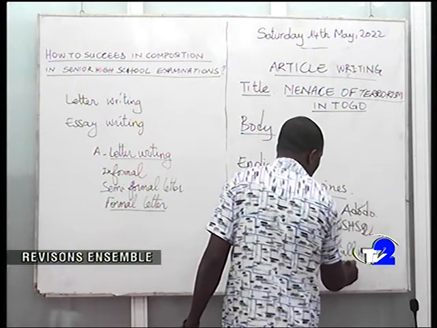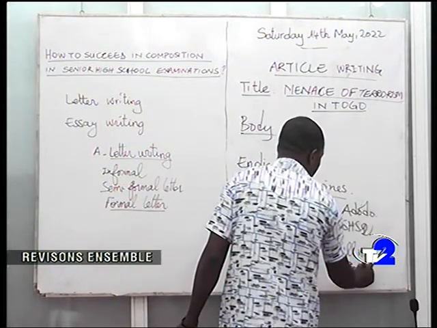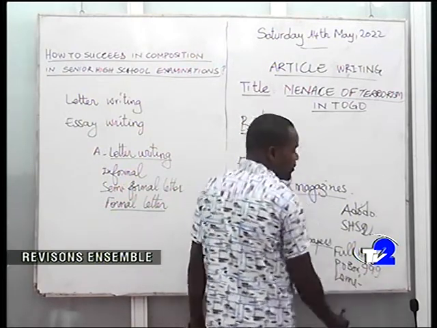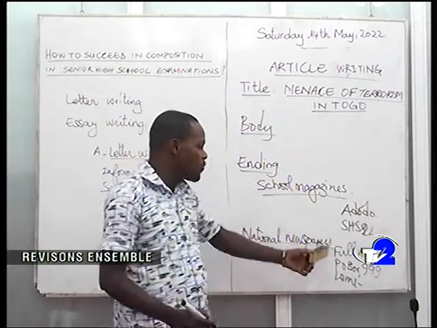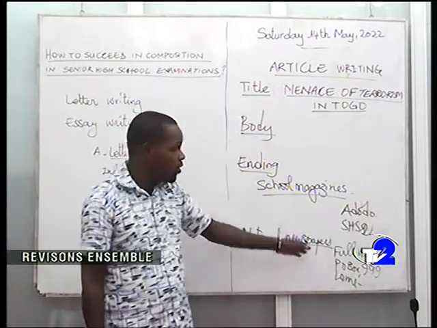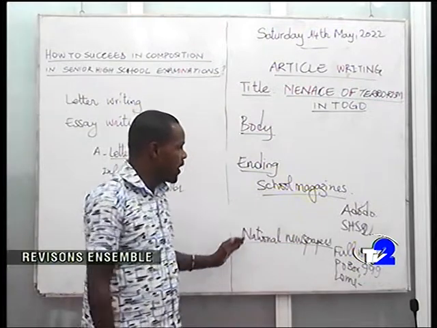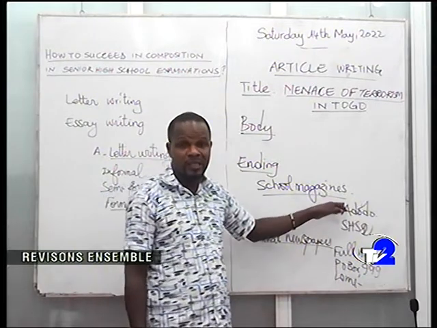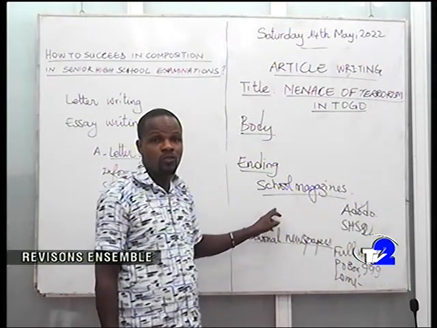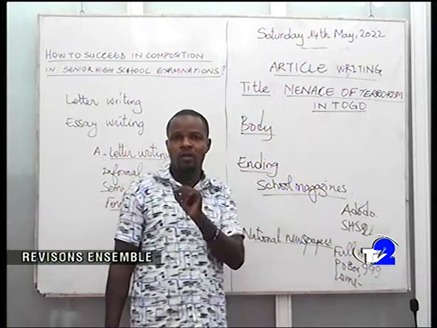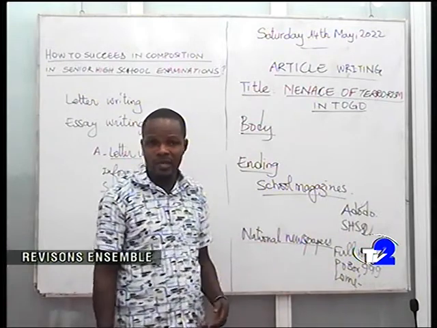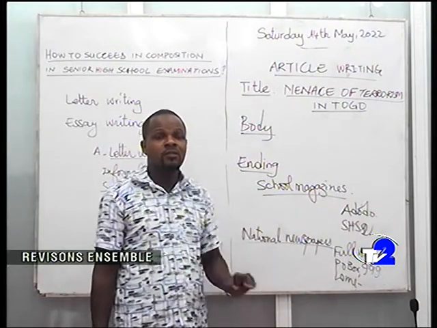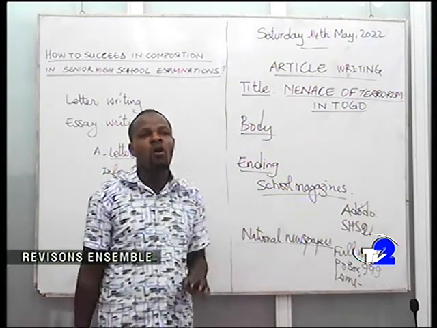If it is PO Box 9999, you write it like this, Lomé, if you are living in Lomé. So that is the way you must end your article. If you are writing for a school magazine, you just write your first name followed by your class. But if you are writing to a newspaper, then you have to write your full name and your address.